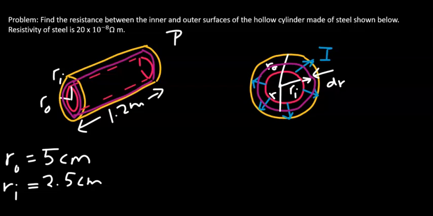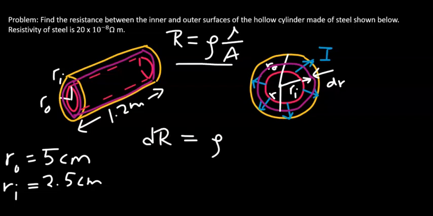Of course, we shall use that well-known equation that we have introduced before. Resistance equals resistivity times length over the cross-sectional area. Let's use this equation to determine the resistance of that cylindrical shell. Its resistance is given by resistivity times the length, which is this dr here, the length that is penetrated by the current.